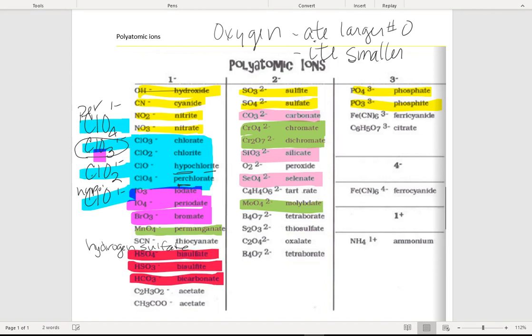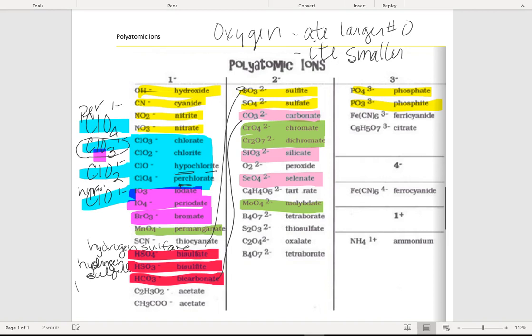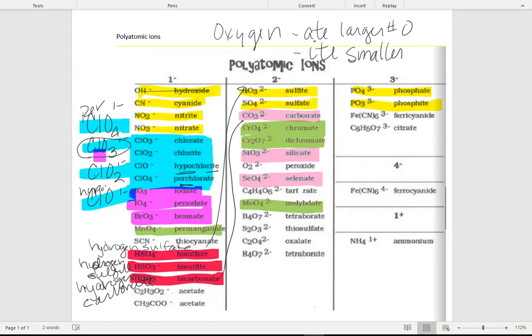I will accept either name. So SO3 is sulfite up here, so HSO3 is either bisulfite or hydrogen sulfite. CO3 is carbonate, so HCO3 is either bicarbonate or hydrogen carbonate. Okay?